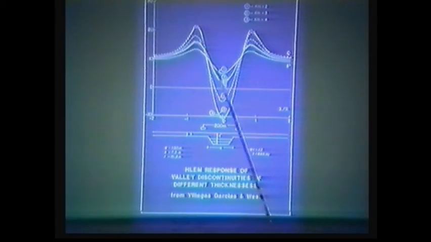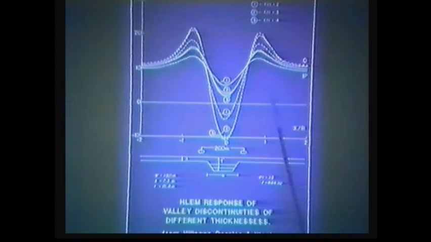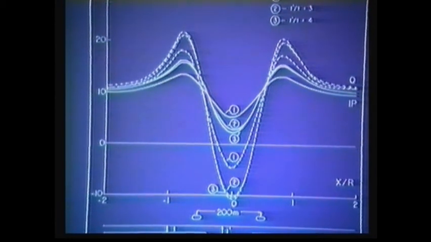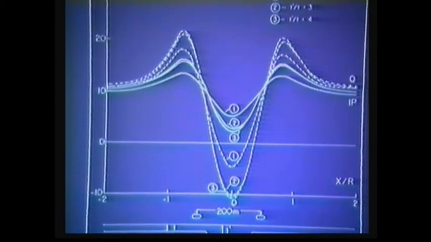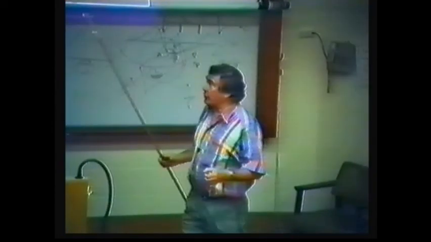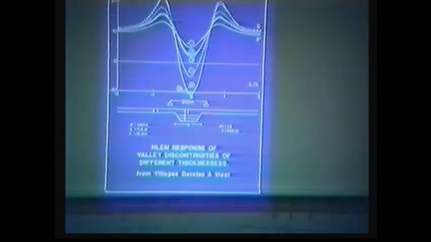This is showing the in-phase responses and the quadrature phase responses. The quad phase responses are the dashed lines, and the in-phase responses are the solid lines. Good. Thanks. Okay, so that's a problem with soundings. It's a problem with EM prospecting in general with the slingram systems, because you can get what look like nice bedrock conductors which are caused simply by changes in overburden thickness.